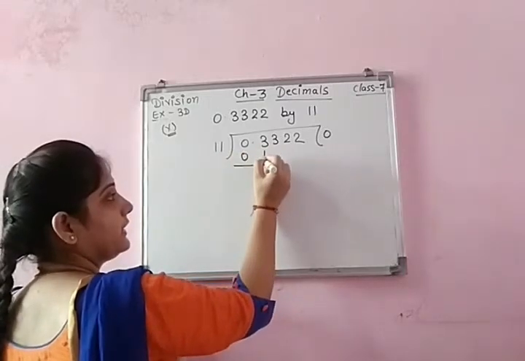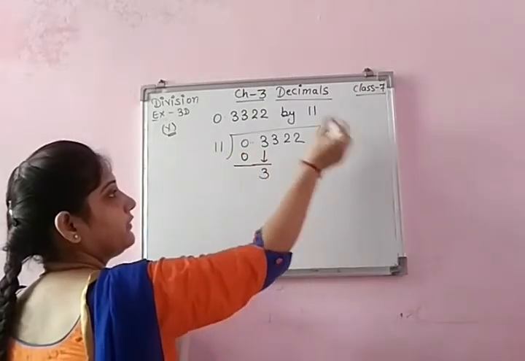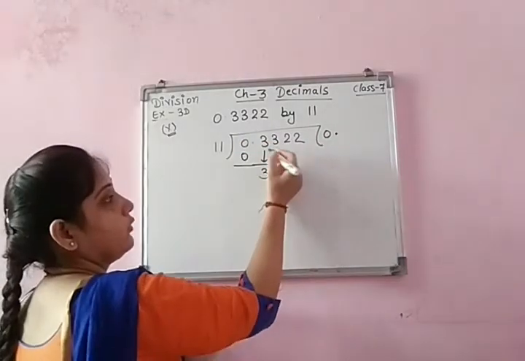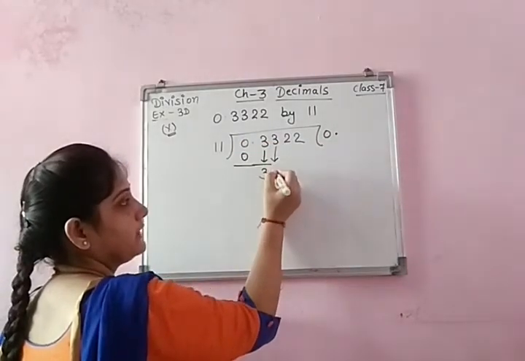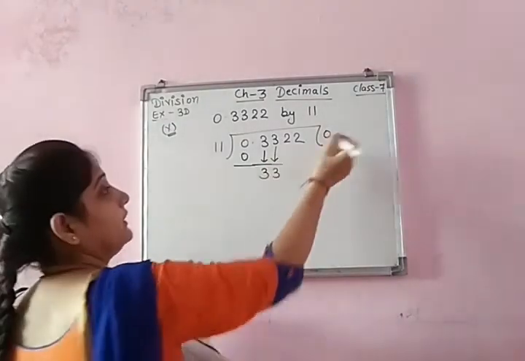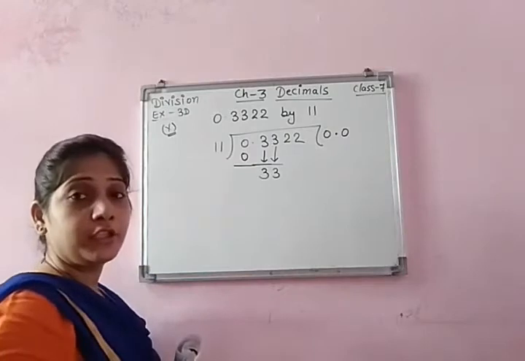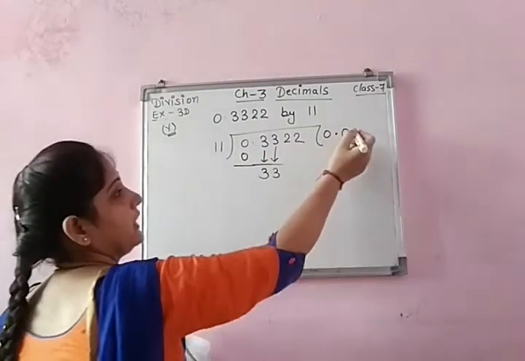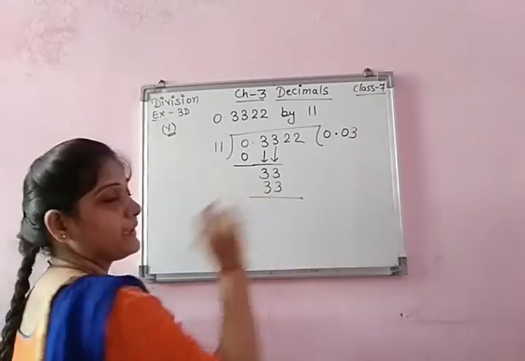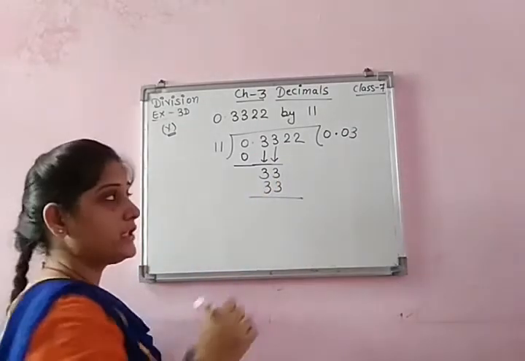Now I have to write down this 3. So the point will be shifted to the quotient. Am I clear? Now 3 doesn't come, so I have to write this 3 also. So what happened? If I am writing 2 digits together, now I have to give 1 0 to the quotient. The same concept. Now 11 3s are 33. When you subtract 33 minus 33, it will give us 0. Okay.